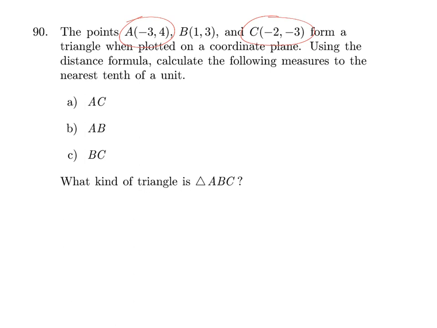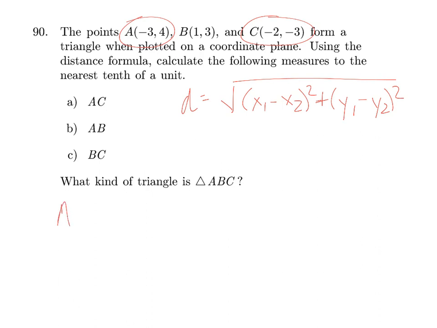So I have the distance formula: x1 minus x2 squared plus y1 minus y2 squared. To figure out AC, I just have to be careful with my work. Easy stuff to do. y1, which is 4, minus y2, which is negative 3.